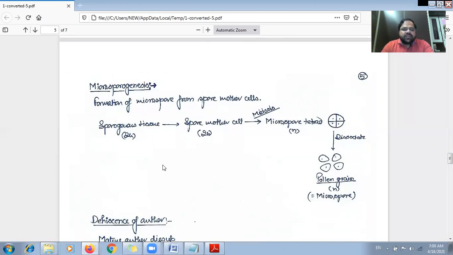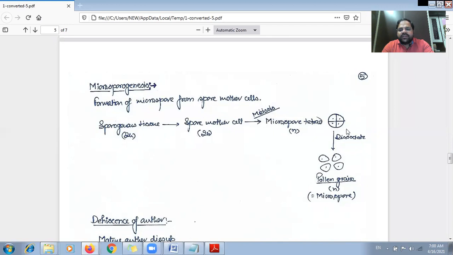We can see here that the sporogenous tissue, which is diploid in nature, forms the spore mother cell. It is again diploid, and through meiosis it forms the microspore tetrad. These microspore tetrads have been formed by meiosis, so they will be haploid cells.